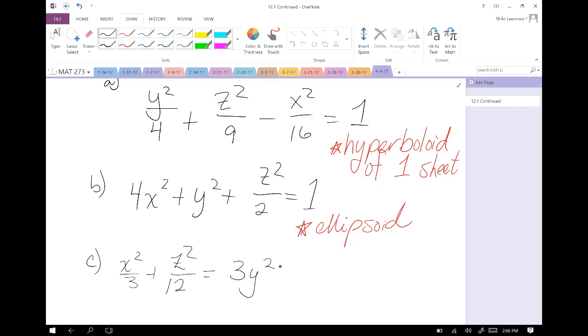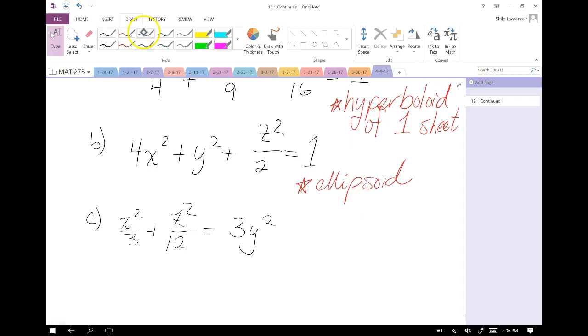This one I didn't write exactly the same as the format I gave you. It's not going to be a hyperboloid of one sheet, because if we move everything to the same side, what's going to be left on the right-hand side? A 0.